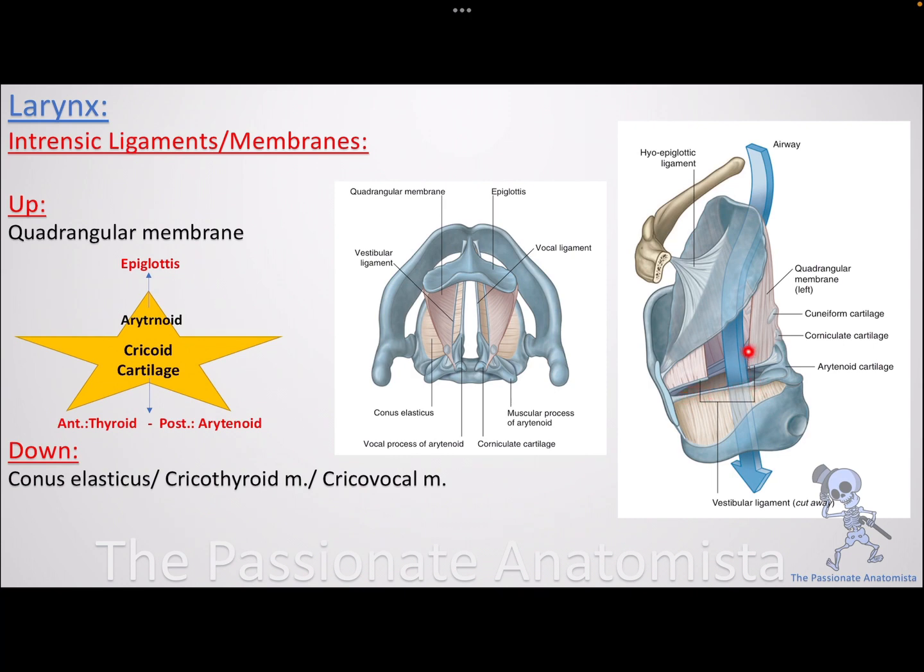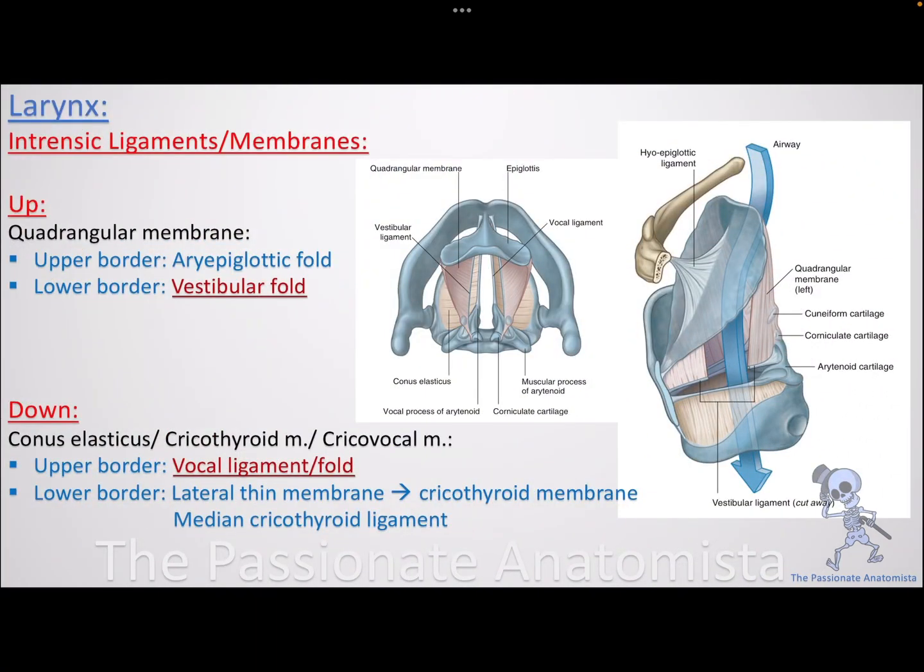So remember again, quadrangular membrane up connects me to the epiglottis, and from the epiglottis down to the arytenoids, and then down we have the conus elasticus, and that connects the arytenoids and thyroid to the cricoid cartilage. Quadrangular membrane, conus elasticus, and we're going to talk about them in more detail.